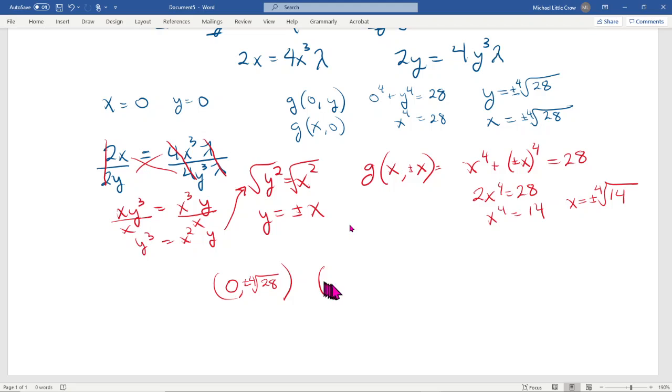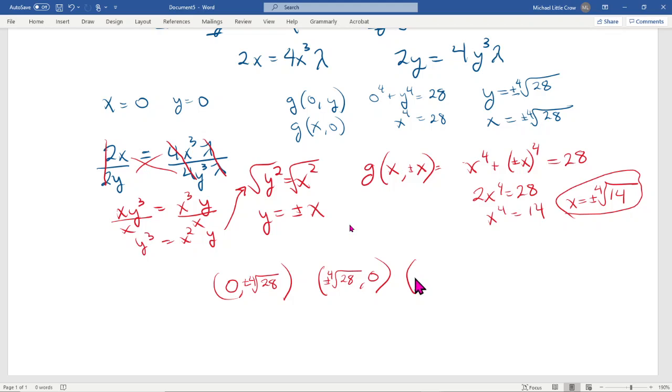We get that x is plus or minus the fourth root of 28 with y being 0, and that's impossible. Then I guess we checked this one here. So x can be plus or minus the fourth root of 14 when y equals x. From this one we get two answers.